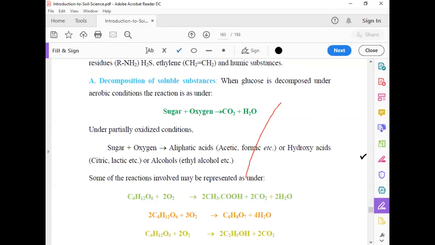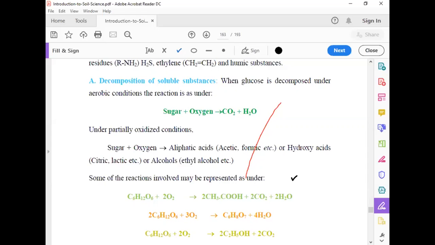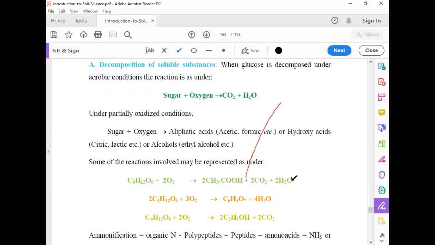It is under partially oxidized condition when it produces certain aliphatic acids like acetic, formic, citric, and lactic acid, which can be represented as C6H12O6 plus 2 oxygen atoms giving alcohol plus carbonic acid.